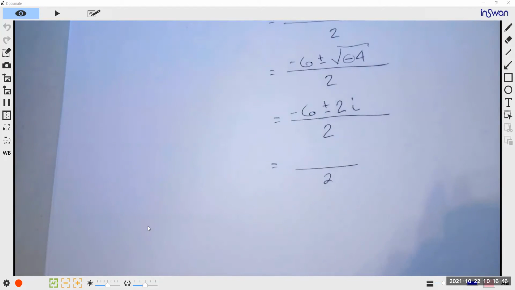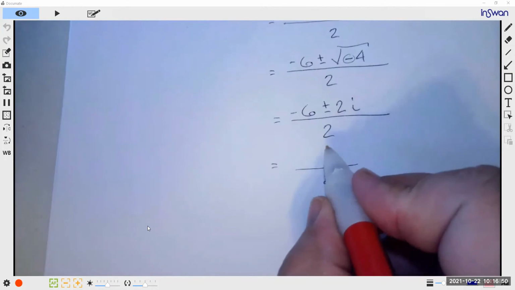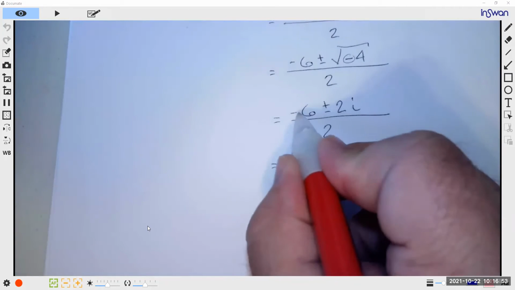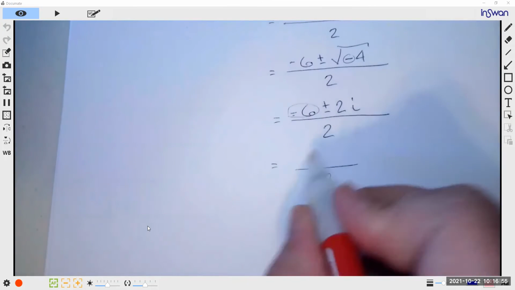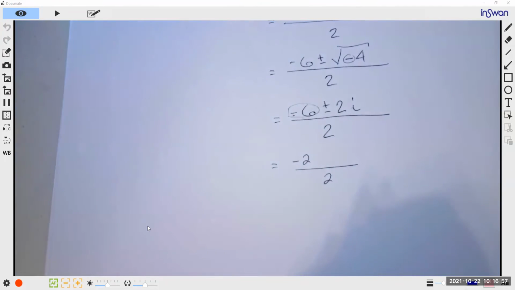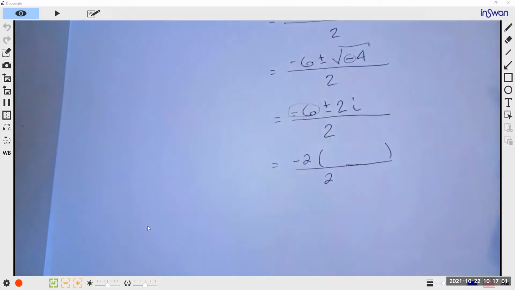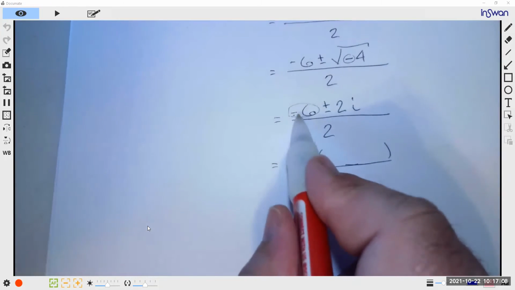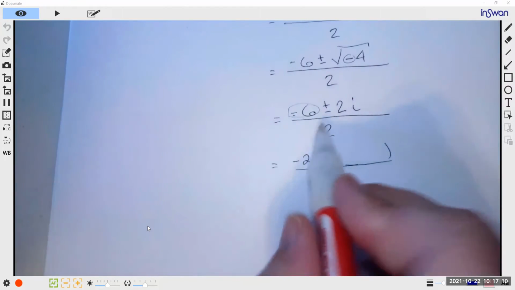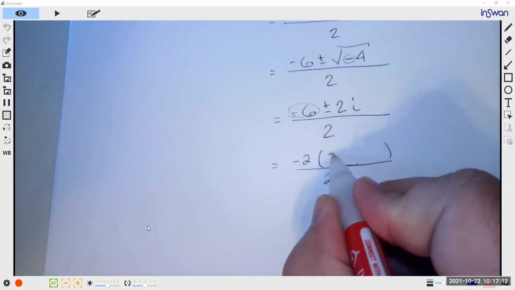Both of these terms have something in common. They both have a 2. So we factor out a negative 2. Because we don't like having negatives as the first term. So the negative comes out. So 2 goes into 6 3 times.